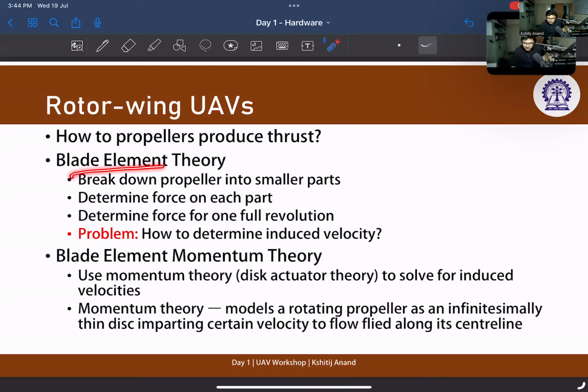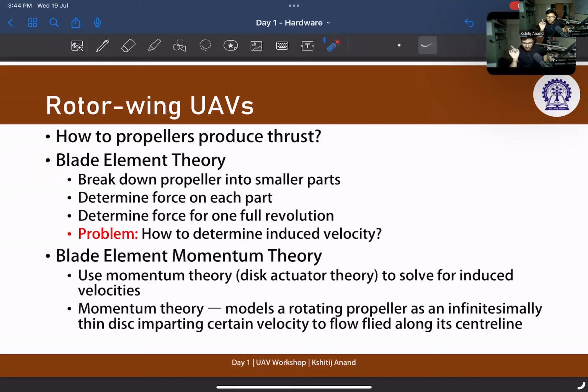The blade element theory basically tells you how you can break down a propeller into small slices. You calculate the lift on each slice, take the lift average of the whole revolution, and then sum it over the whole propeller. You get the thrust produced by the propeller at a certain revolutionary speed.